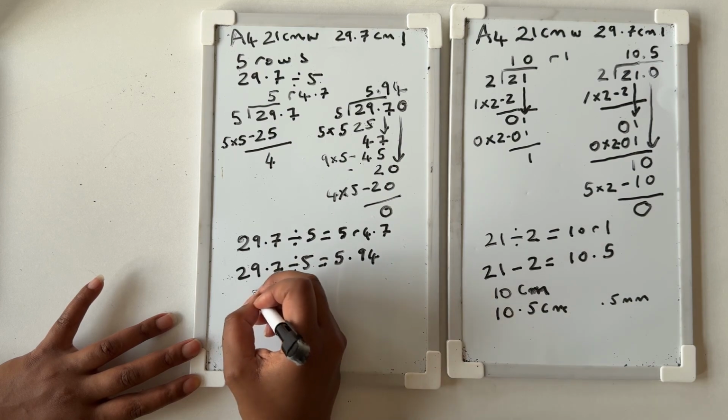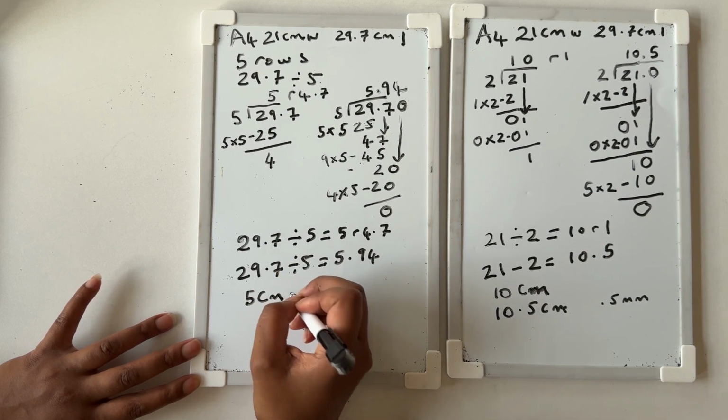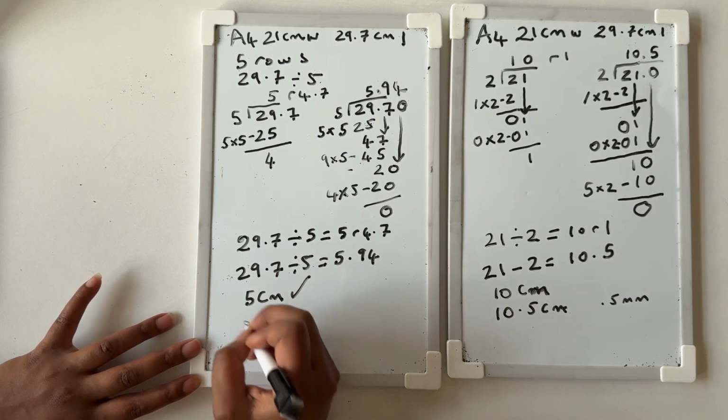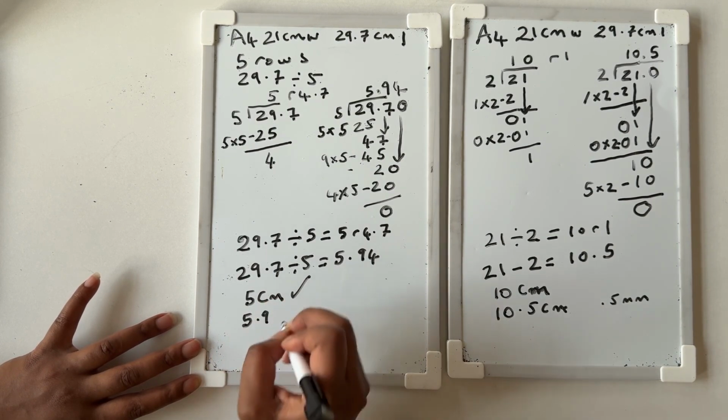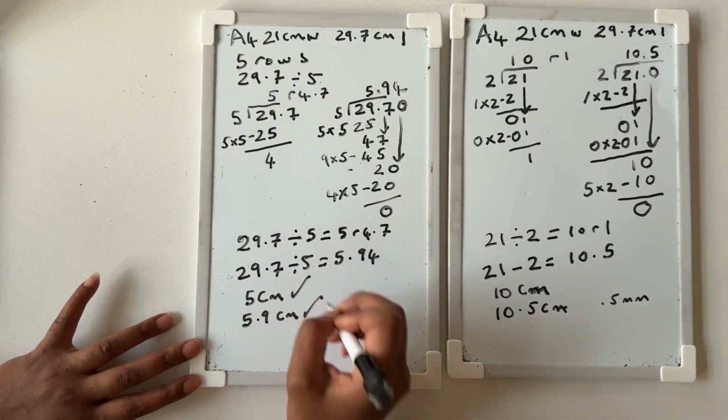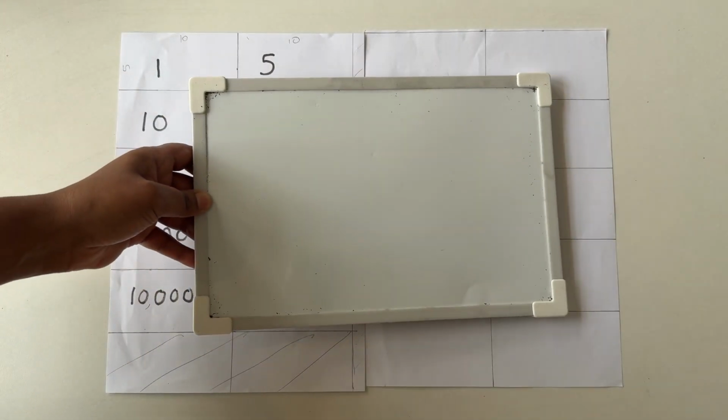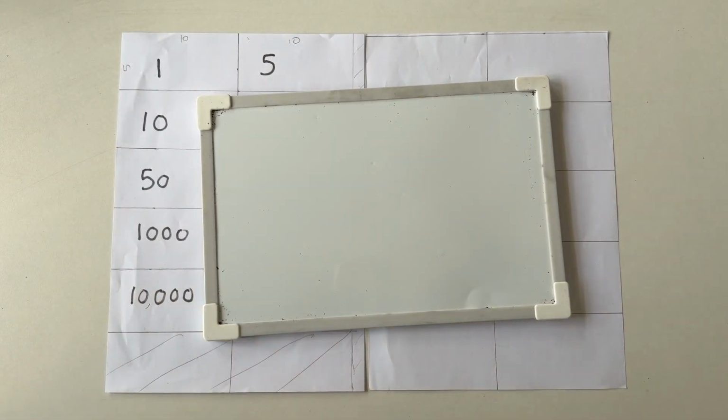Now, obviously, we can do 5 centimetres, but we can do 5 centimetres and 9 millimetres. So now we know how to divide our paper, we can go ahead.